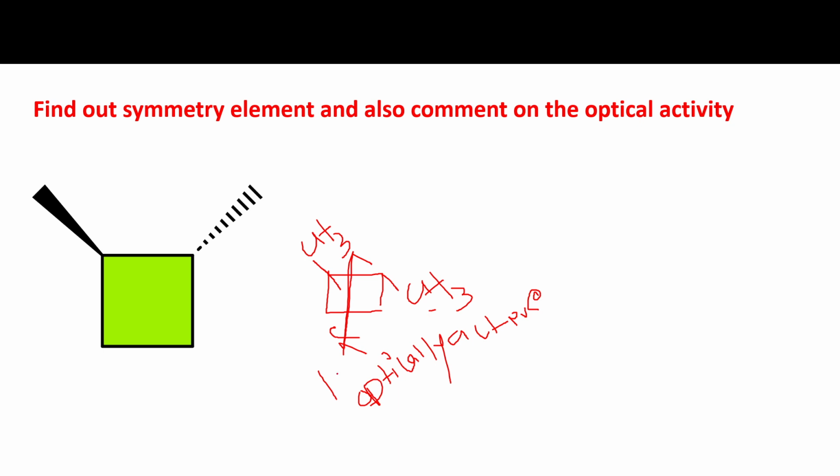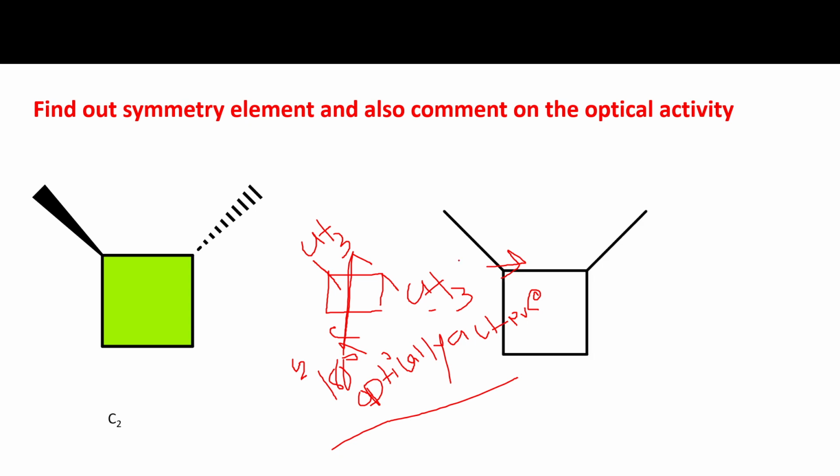So this molecule has C2 symmetry. After 180-degree rotation, this molecule gives the same molecule. So this molecule has C2 symmetry, but it is also optically active, and this molecule can be present as two enantiomers, like any chiral molecule.